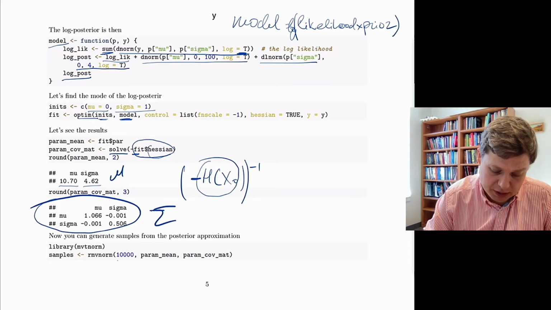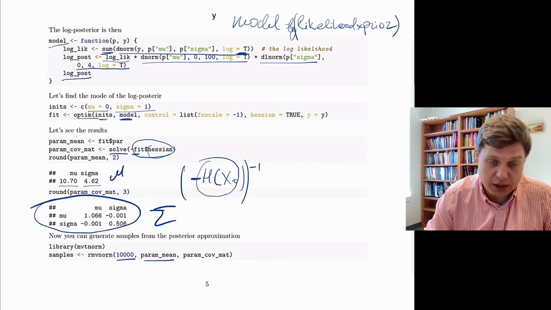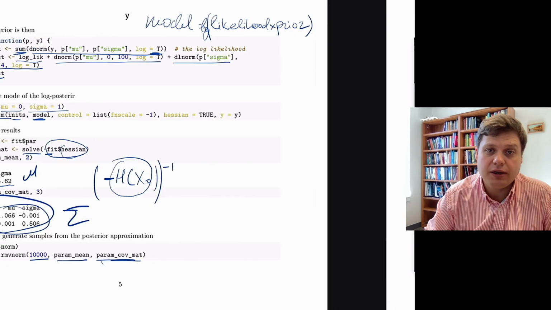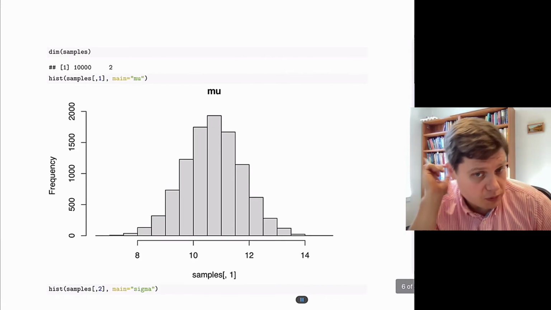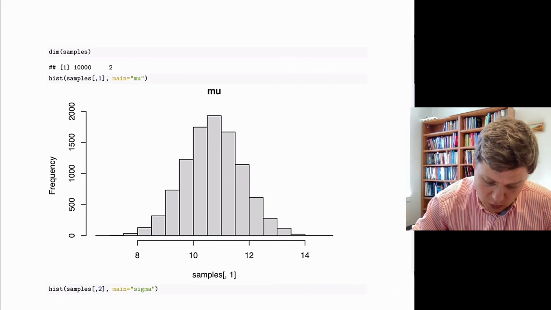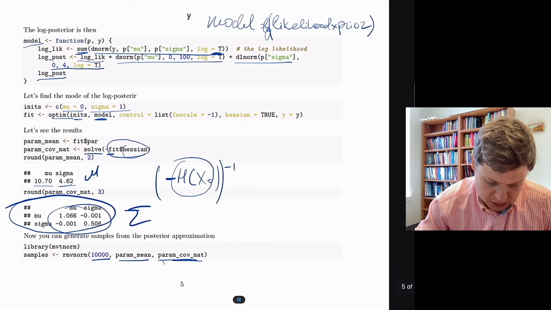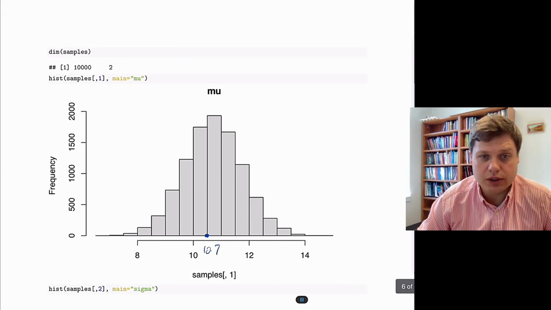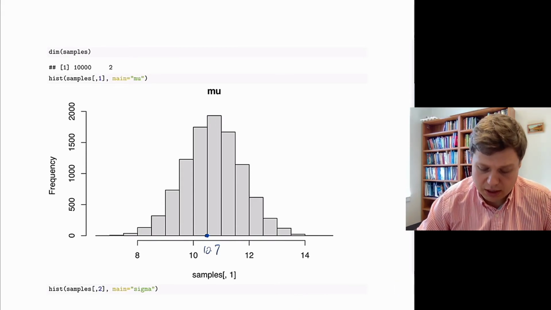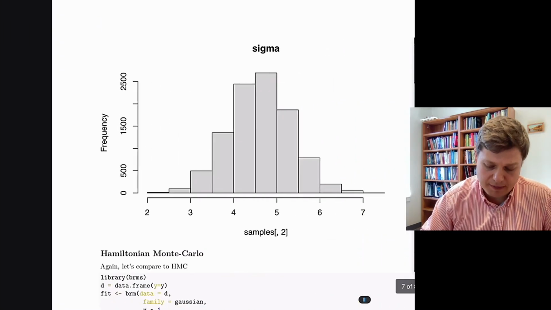We're going to generate 10,000 samples with the parameters 10.7 and 4.62 for the mean, and the covariance matrix given here. And that's the histogram for the first value, for the mu. Again, it's centered somewhere at 10 point something, 10.7 in our case, which is close to the true mean that was used to generate the data.